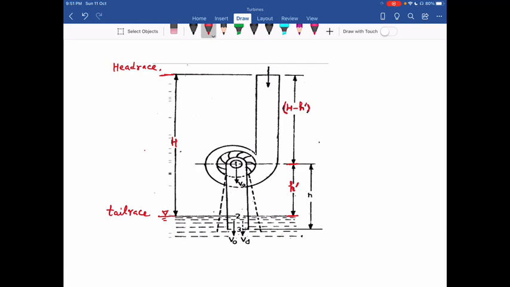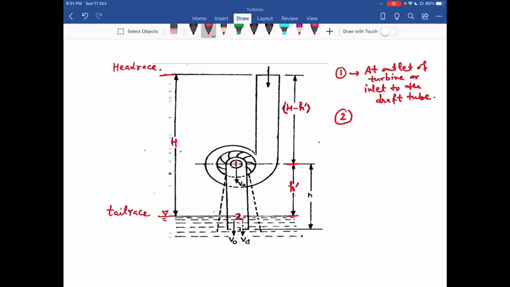So I mark here three sections. Section 1 is at the outlet of the turbine, or you can say the inlet to the draft tube. This is my section 1, this is my section 2.